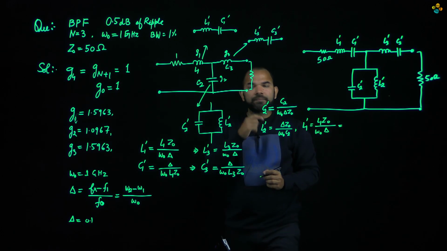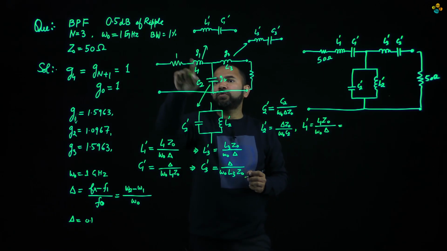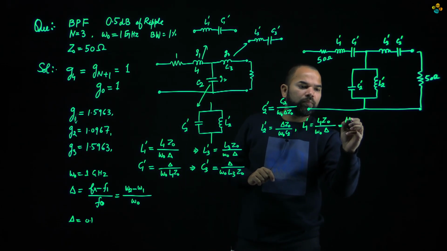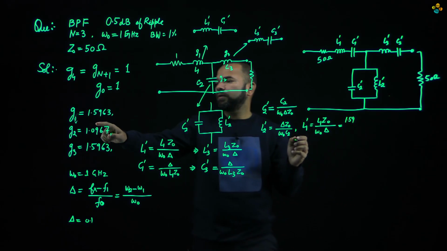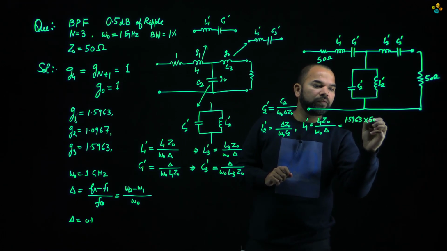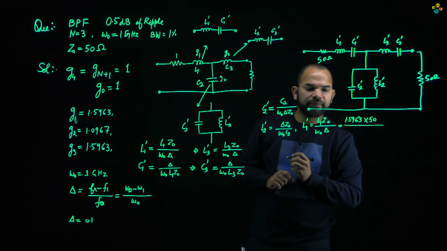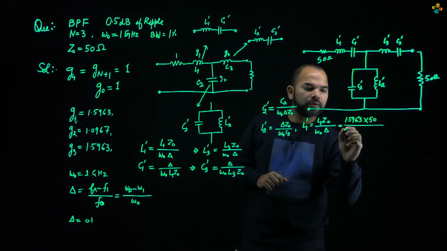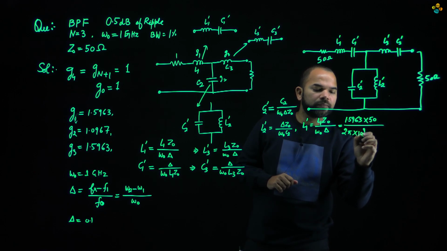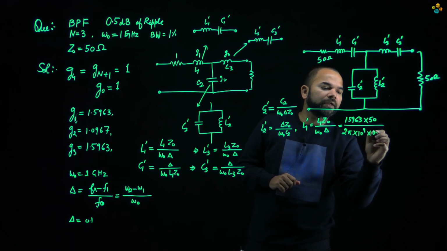L1 we have calculated, this is equal to G1, and G1 here is 1.5963, into Z naught. We have a system impedance of 50 ohm, omega naught is 2 pi into 1 gigahertz, 10 to the power 9, and delta equal to 0.1.